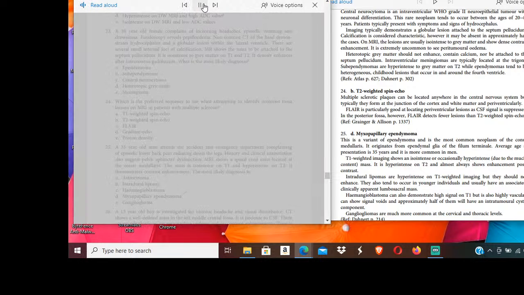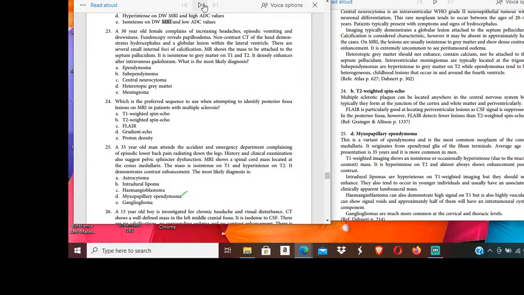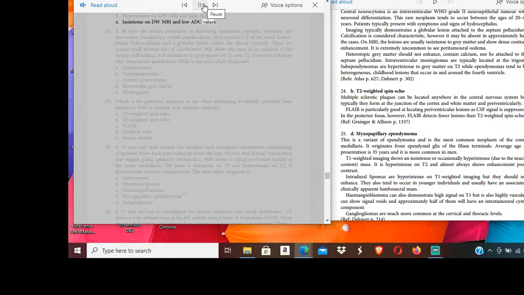D. Hyperintense on DW MRI and high ADC values. E. Isointense on DW MRI and low ADC values.